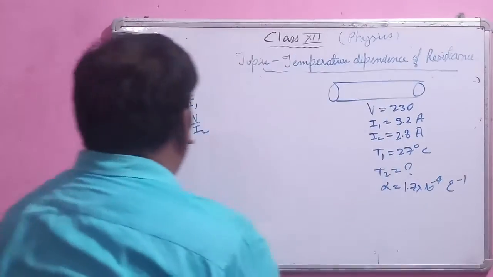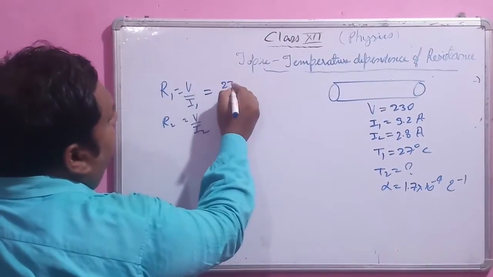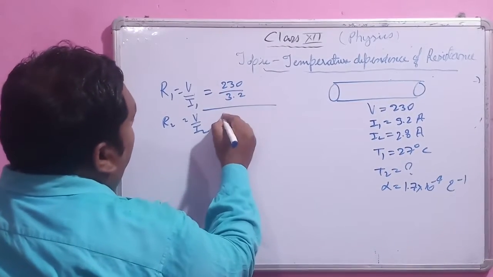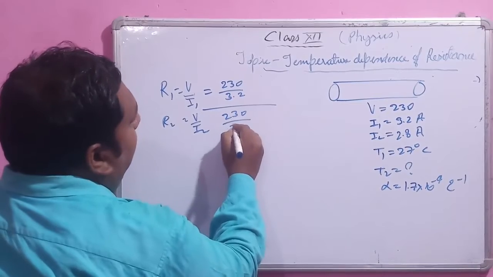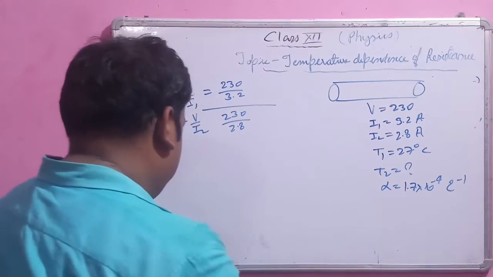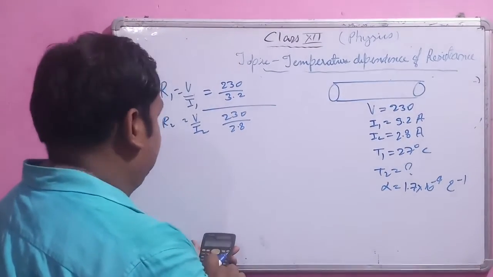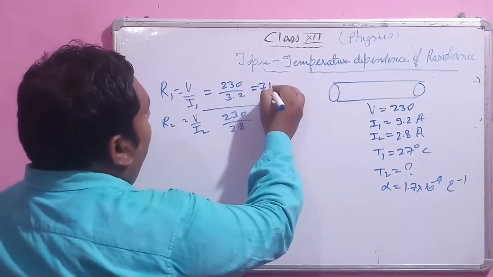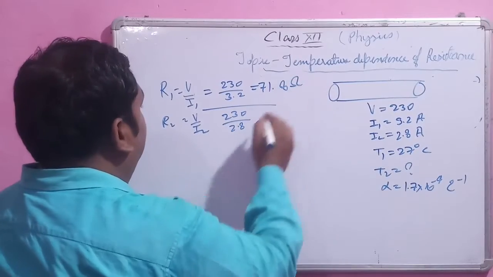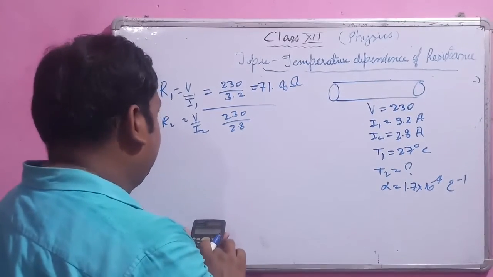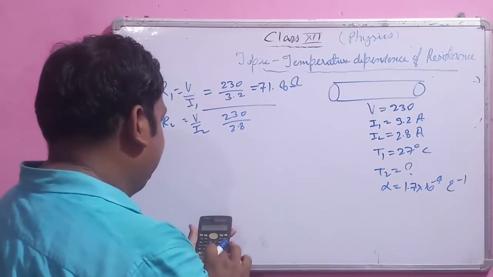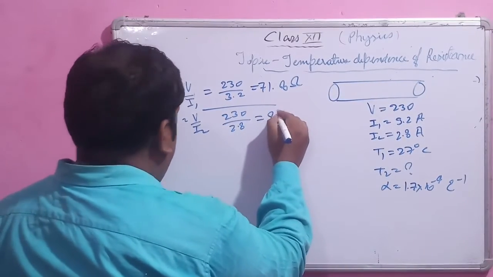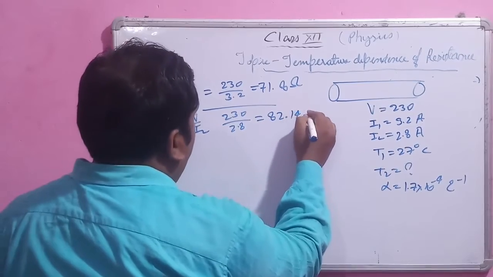So V upon I1 is 230 divided by 3.2, and V upon I2 is 230 divided by 2.8. So R1 is 71.8 ohm, and R2 is 230 divided by 2.8, so the value is 82.14 ohm.